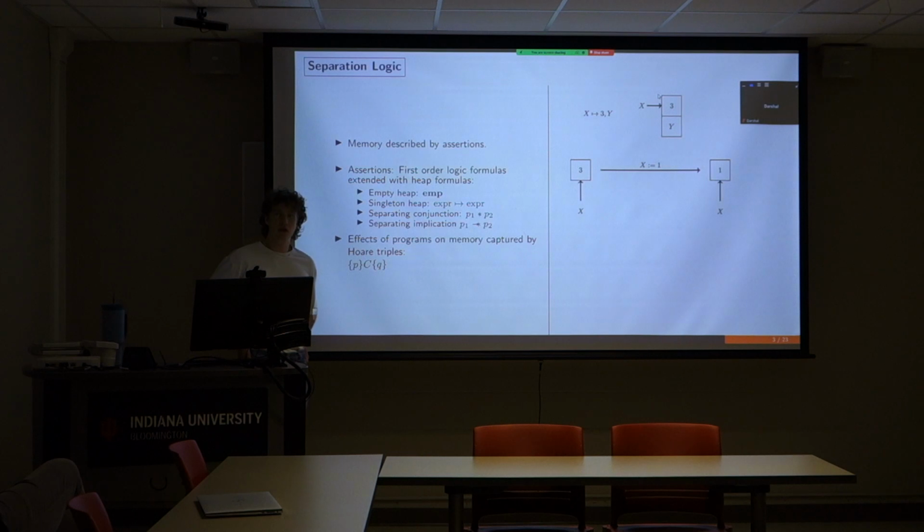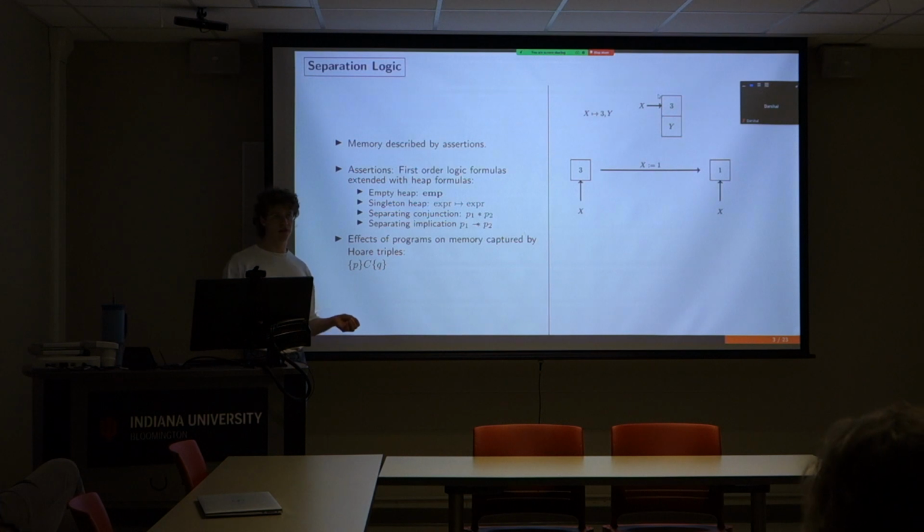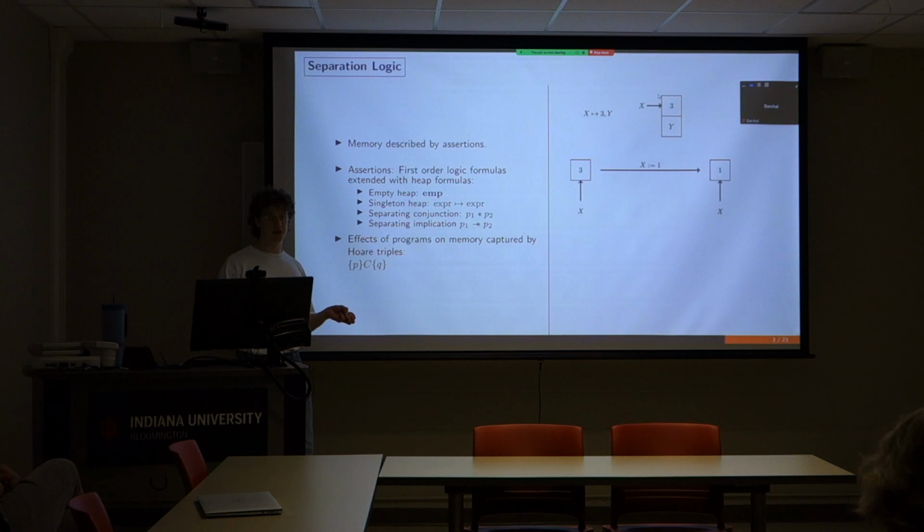Aside from the assertions that describe the state of the memory, separation logic also allows for reasoning about computational effects that modify the state of memory. And this is achieved with the use of Hoare triples. You can see them here. So how Hoare triples work, you have two sets of assertions, the set P and the set Q. We say that the set P, the set of assertions, is the precondition.